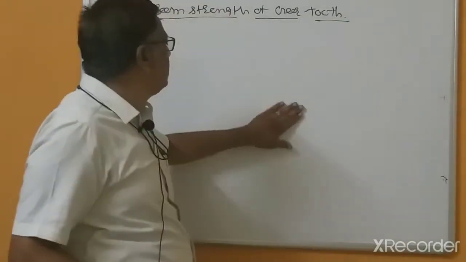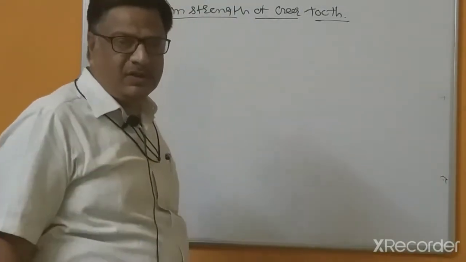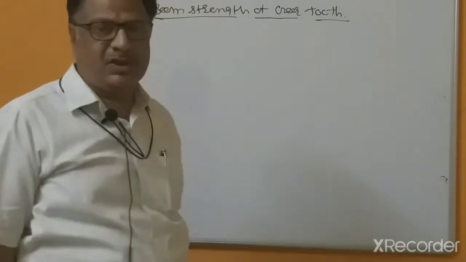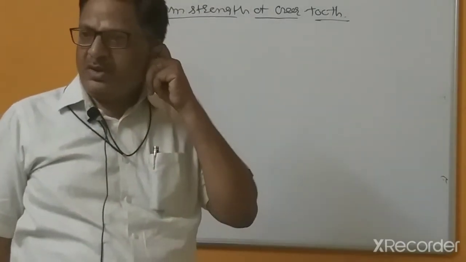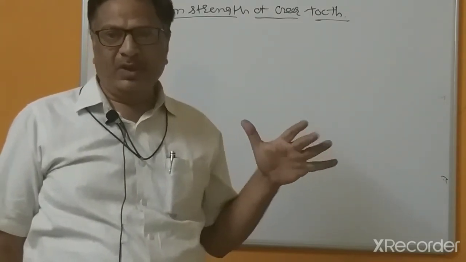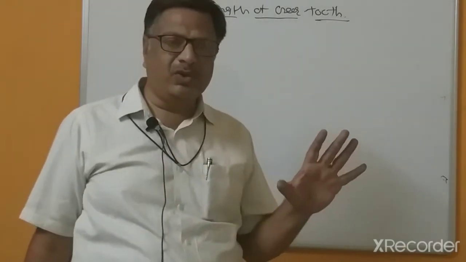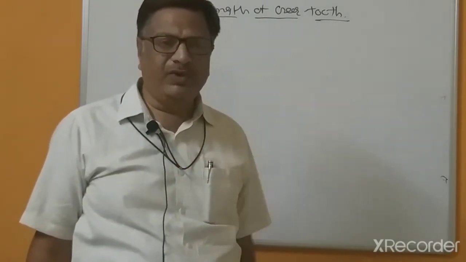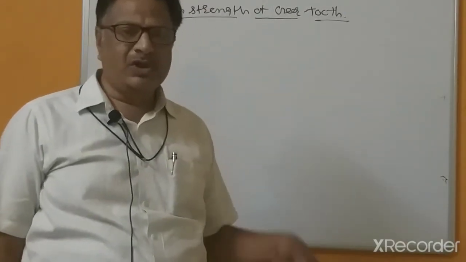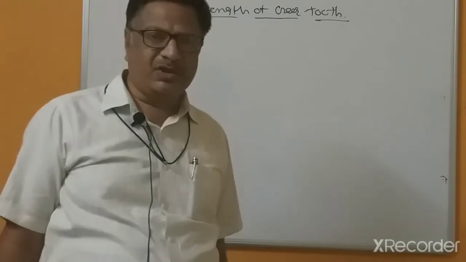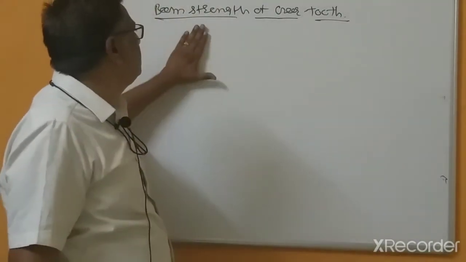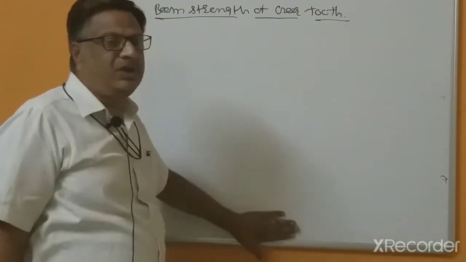In the study of gear failures, the failure of the tooth is due to two causes. One is if the beam strength is less than the sum of the static load and dynamic loads, and next is surface destruction. So that's why the first point is the beam strength of the gear tooth.